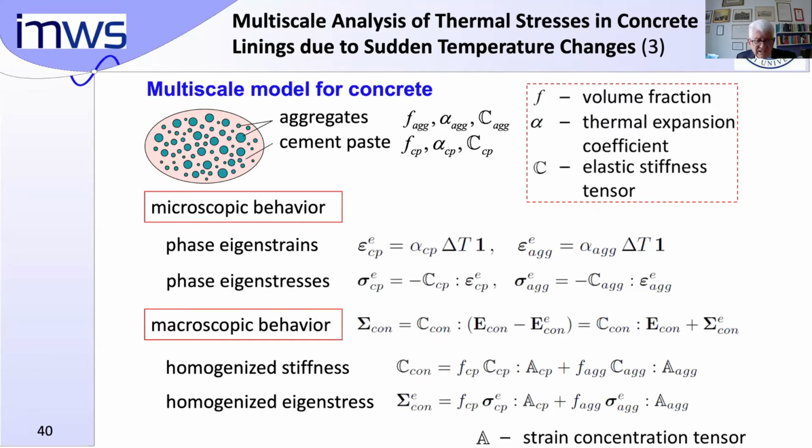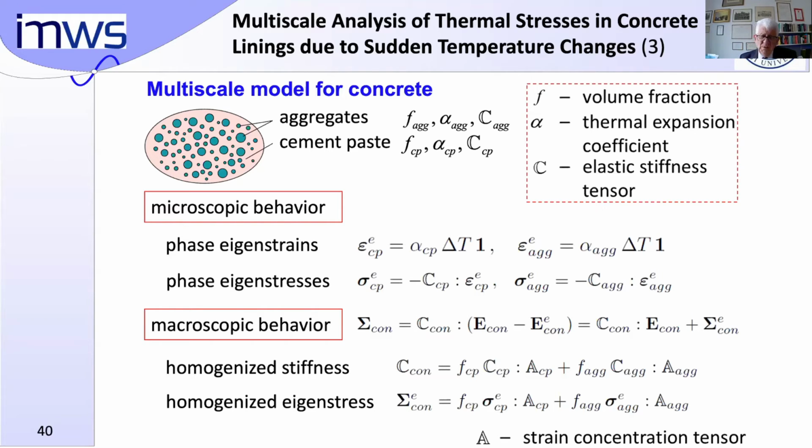The analysis starts with quantifying the microscopic behavior, the phase eigenstrains and the phase eigenstresses. You see here, obviously, the temperature difference delta T plays a role, and the thermal expansion coefficients for the two phases. Once these quantities have been computed, we can determine the macroscopic behavior. The formula is relatively involved. It contains the homogenized stiffness.